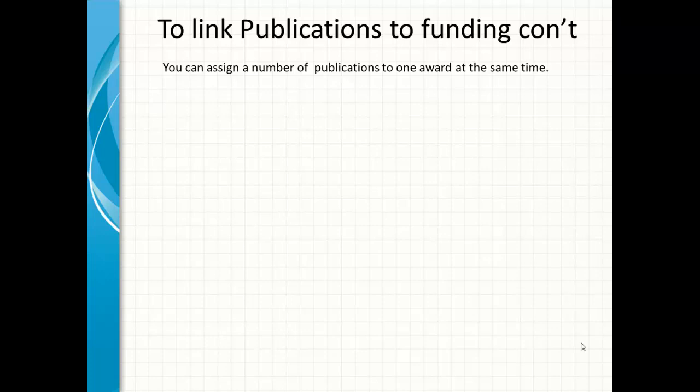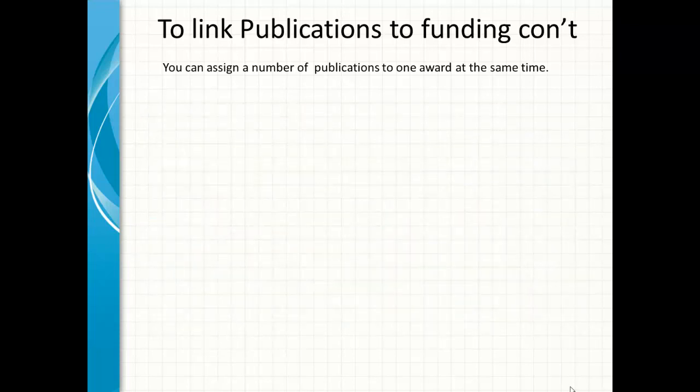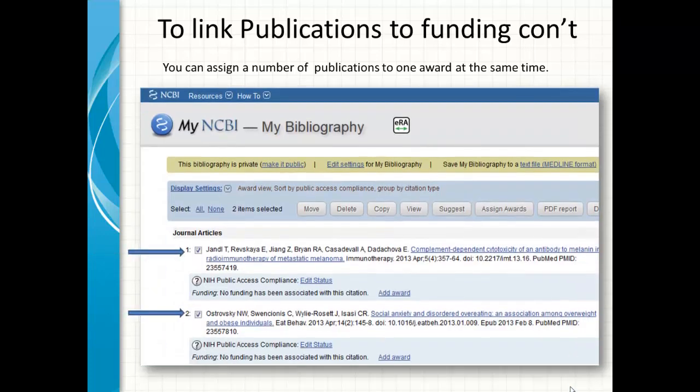You can also assign a number of publications at the same time. If no publications are selected, you'll note that all the buttons at the top are grayed out and cannot be used. On the other hand, if you select some publications, now it says 2 items selected, and the buttons at the top are available.